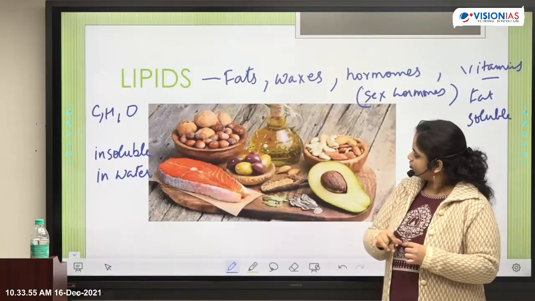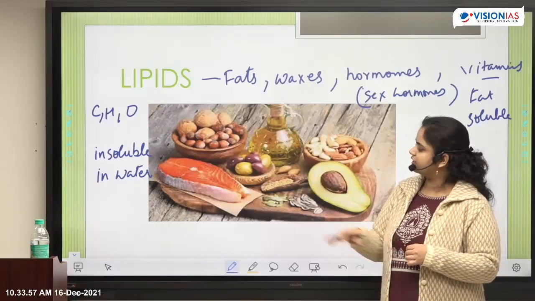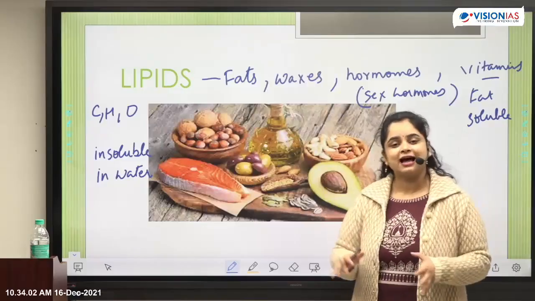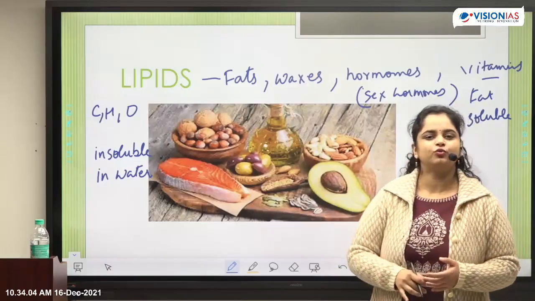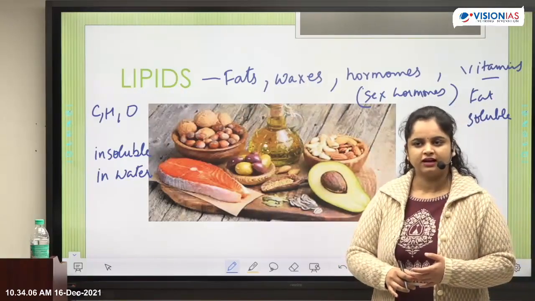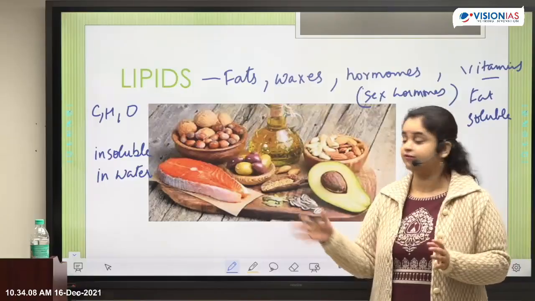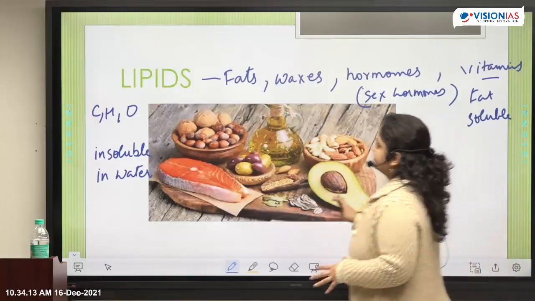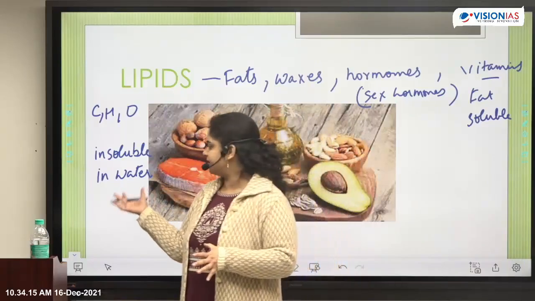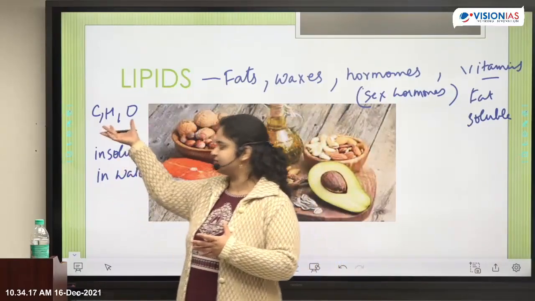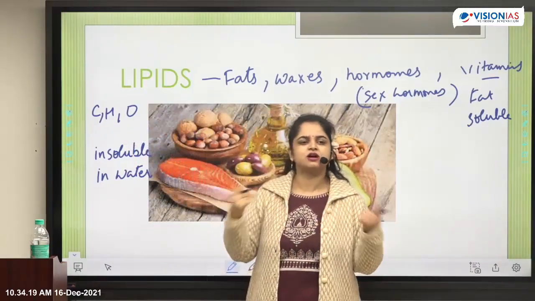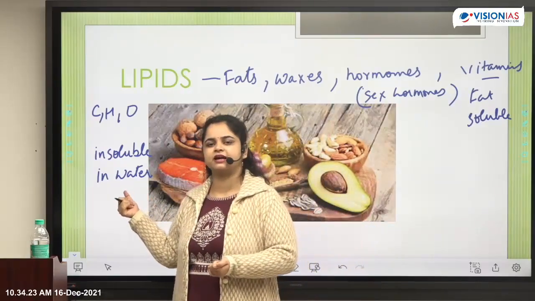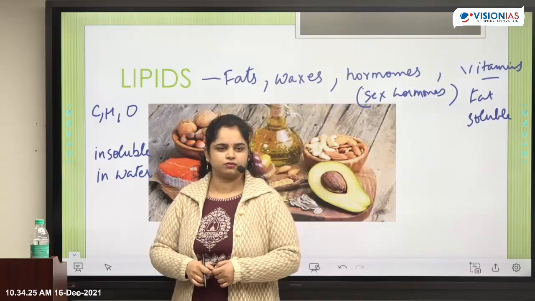You can see the sources here. You have some fish, you have nuts, you have oil. And it is most commonly known that oil and water do not mix. That is kind of a test also to see if this is a fat-based product. So lipids or fats have the same organic composition, but they are structurally different, and they are identified by the fact that they are insoluble in water.